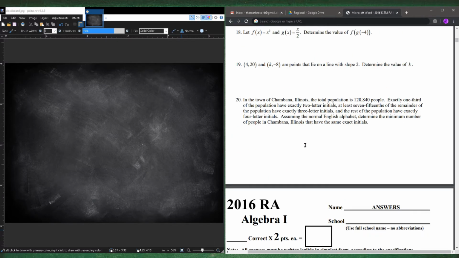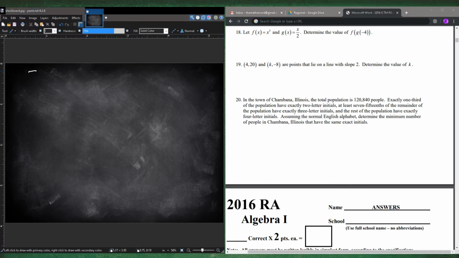Okay. Number 20. In the town of Champaign, Illinois, the total population is 120,840 people. Exactly one third of the population has two letter initials. At least 7/15 of the remainder has exactly three letter initials.